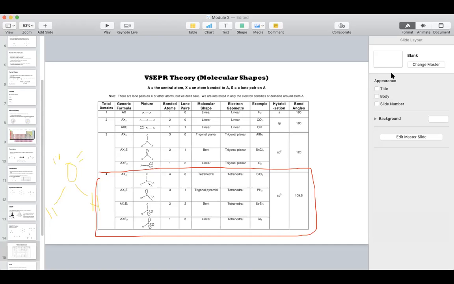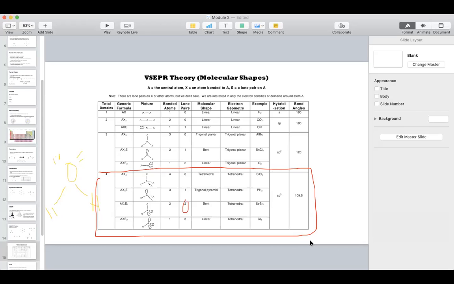Two. 2 lone pairs, so we look at this section right here because it tells us 2 lone pairs. Using this information, what is our electron geometry? Tetrahedral. Yes, our electronic geometry is tetrahedral.